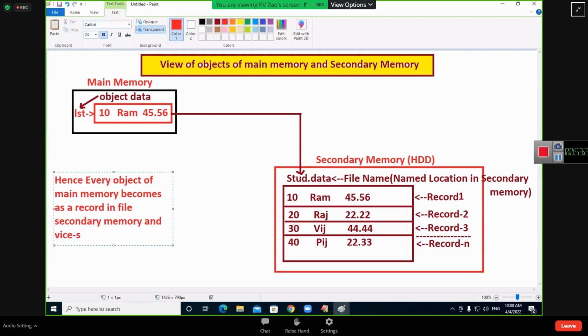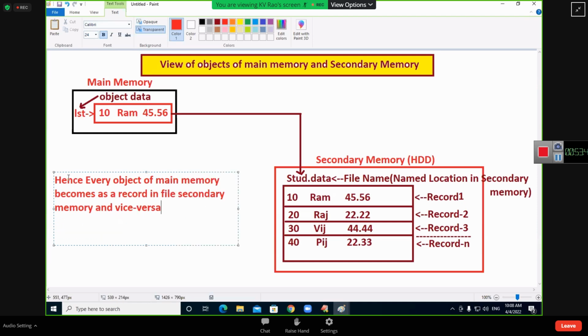Did you understand this word? Every record will become an object in main memory also. Clear? I can't express how important this point is.